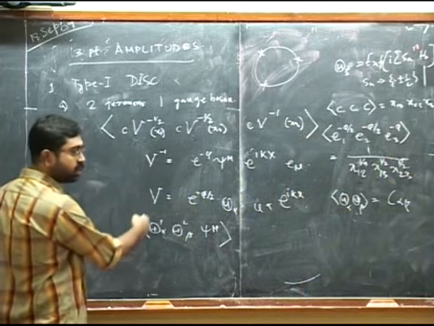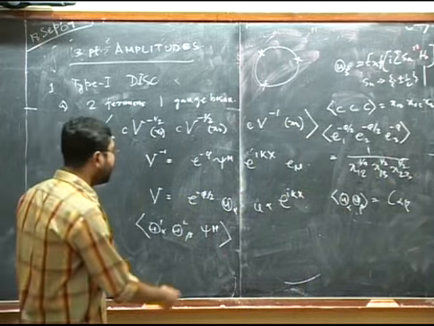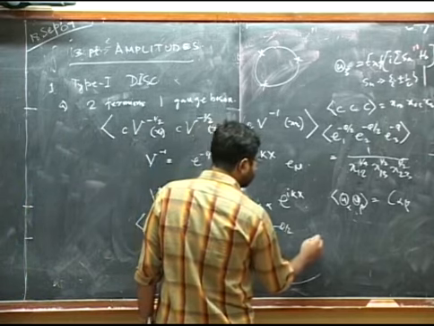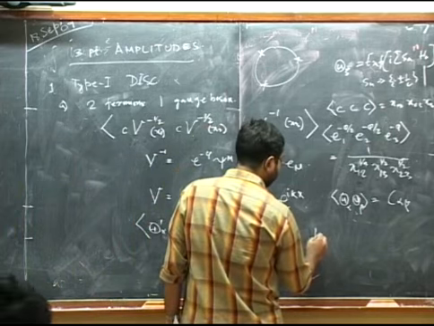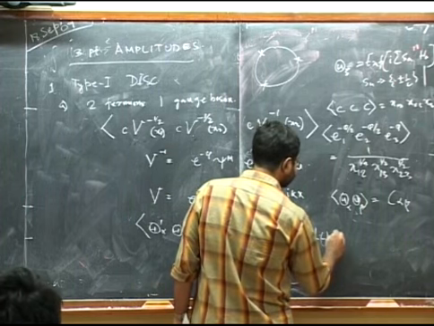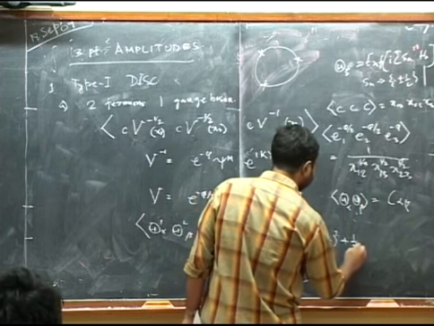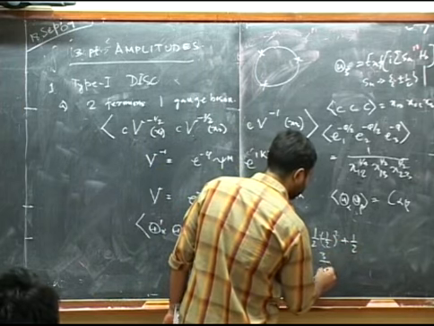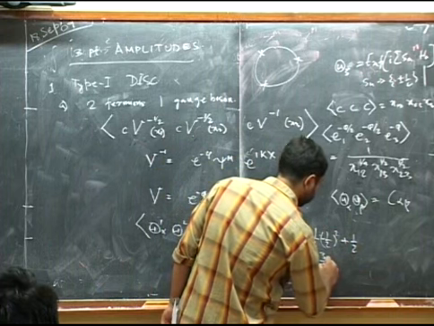This being a vertex operator has weight 1, and e to the power minus phi by 2 has weight minus half into minus half whole square minus plus half, which is equal to 3 by 8.